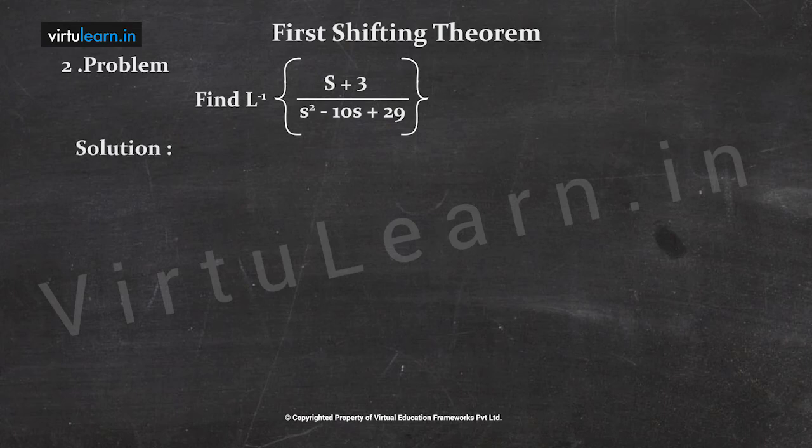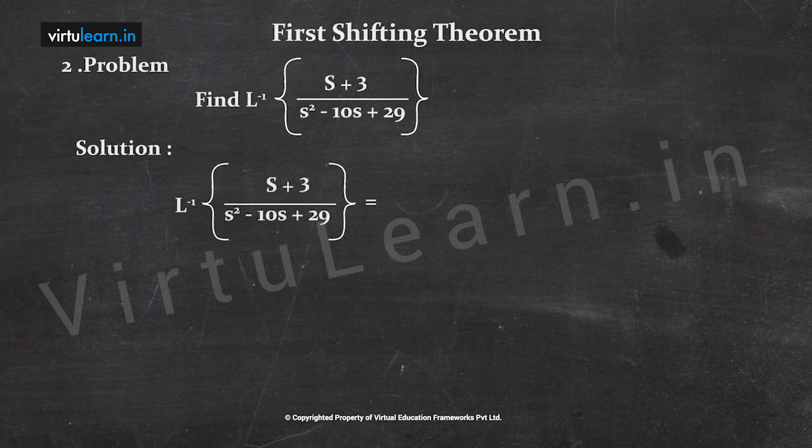Now observe this one. The question, once again I am writing here: L inverse of (s plus 3) by (s square minus 10s plus 29). The middle term minus 10s is available, so I want to write 2ab. 2ab is nothing but 10s, so with 2 it means 5s.